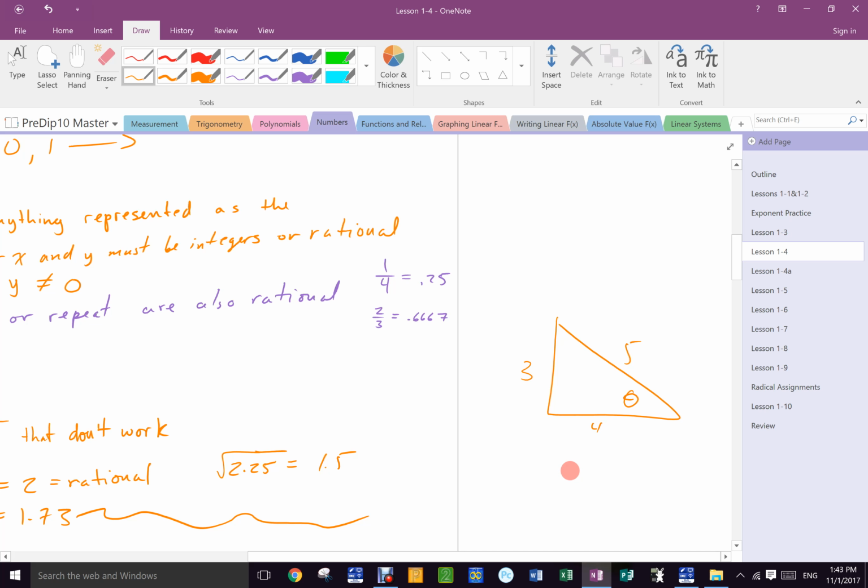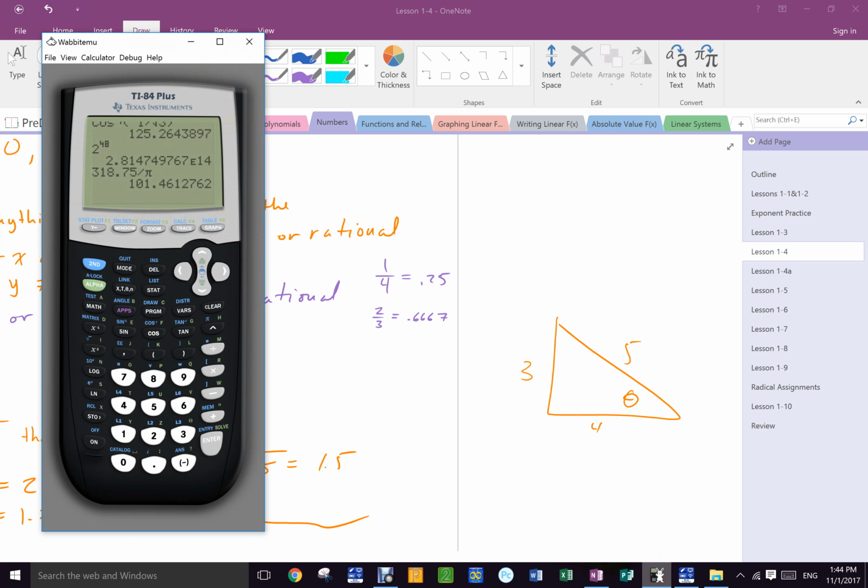It's a rational number. So what happens though when I take that 0.75, shift tan 0.75, and it gives me what for an angle? It fills up the screen, doesn't repeat. So we round it off. Picking up what I'm putting down?